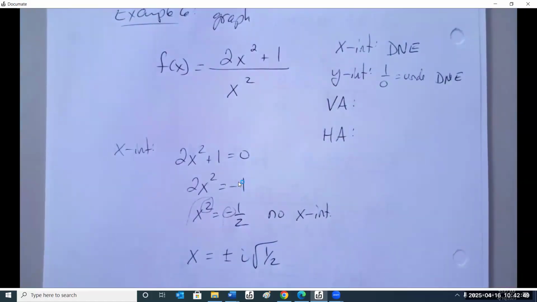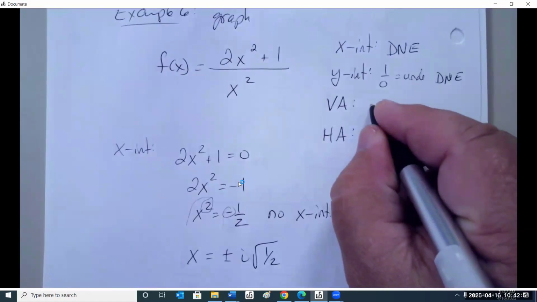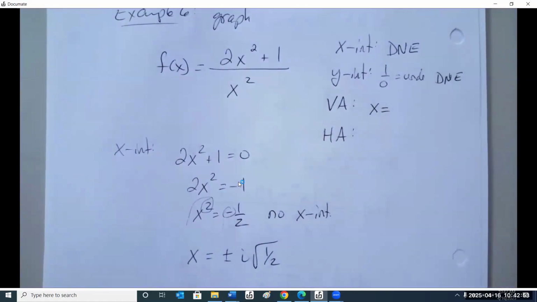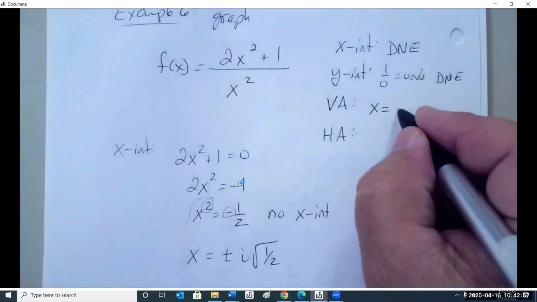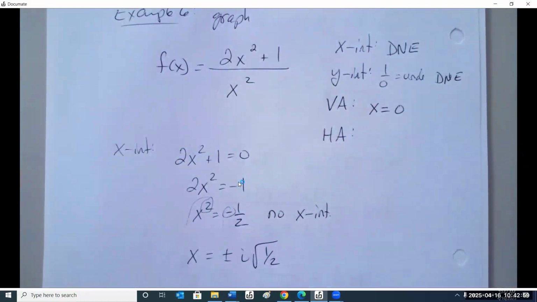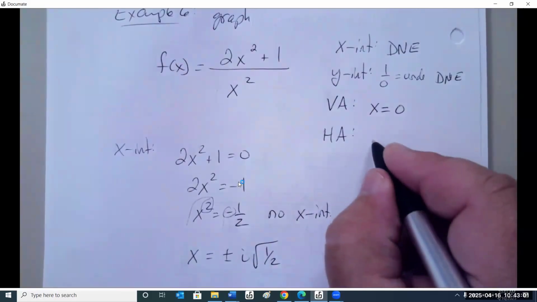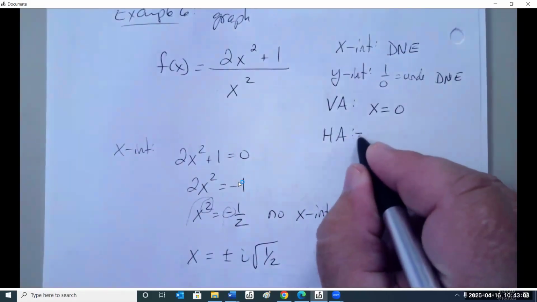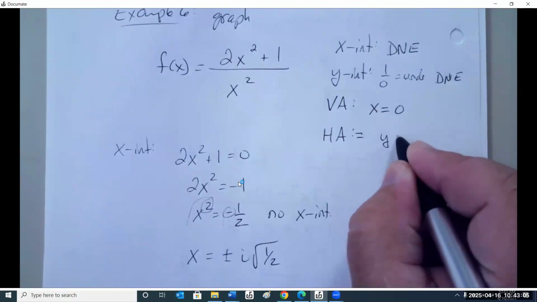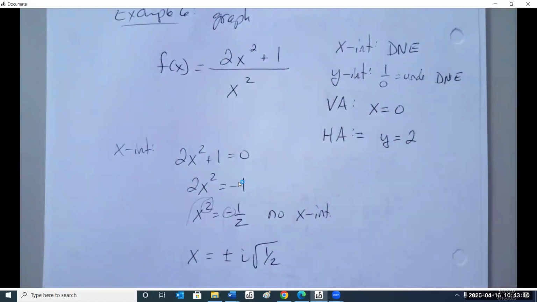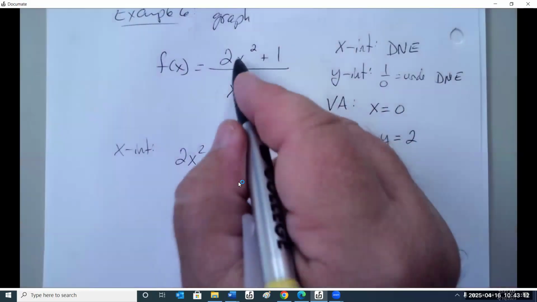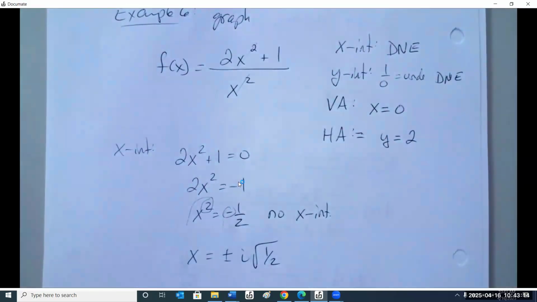What's my vertical asymptote? Set the bottom equals zero, so x equals zero. What's my horizontal asymptote? They cancel. You get two over one.